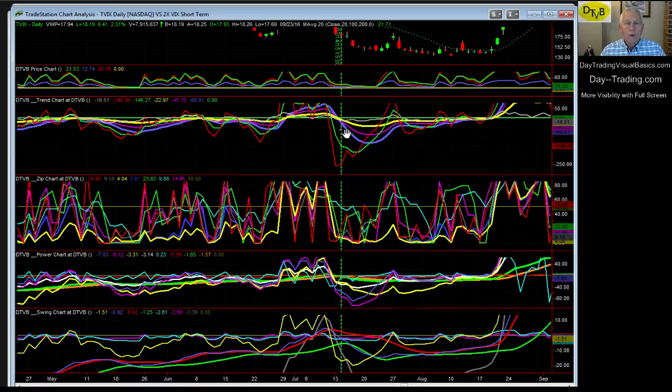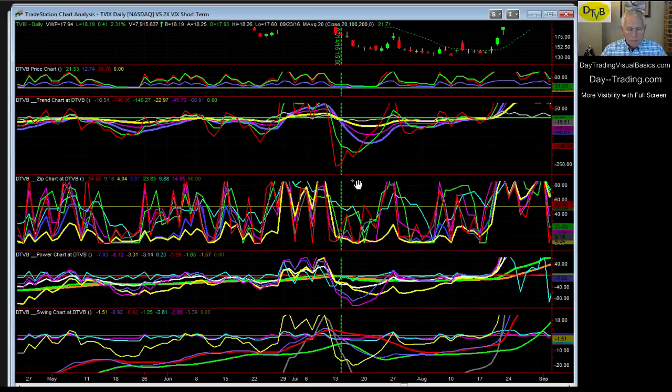It takes a lot of force. They certainly could go up in a day or so, but it takes just a lot of power to move them real quickly in the opposite direction. And it's a result of the gap down. I mean, it went under zero because you had a huge gap down in this particular situation.